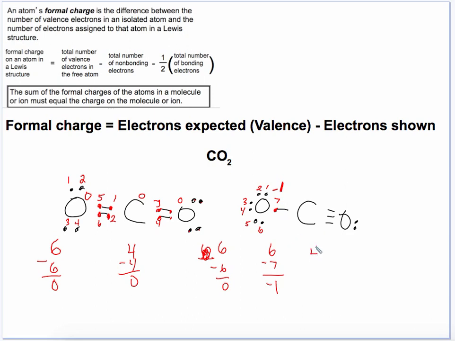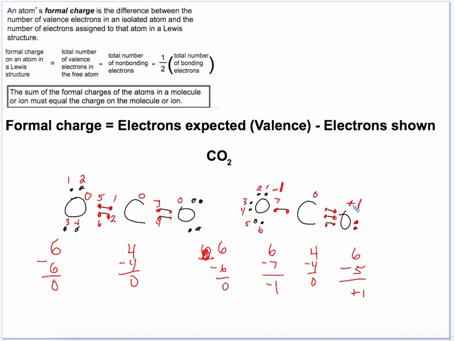Carbon has 4 valence electrons, and let's count how many are shown: 1, 2, 3, 4. So 4 minus 4 is 0. This carbon's formal charge is 0. Now let's do this oxygen. It has 6 valence electrons. Let's count how many are shown: 1, 2, 3, 4, 5, and 6 minus 5 equals positive 1.